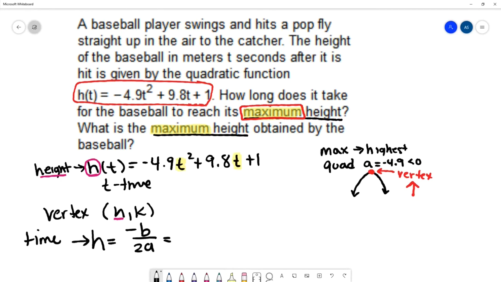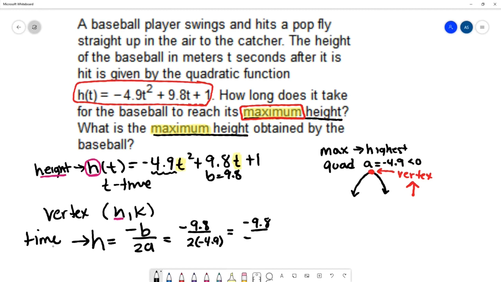So b is 9.8, and we already said that a is negative 4.9, so we get negative 9.8 over 2 times negative 4.9, and we're going to put that in our calculator, negative 9.8, and I think 2 times 4.9 is 9.8.